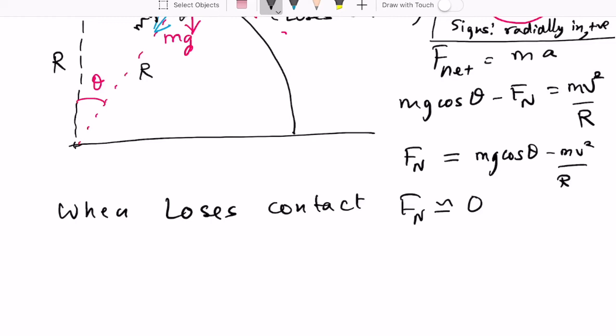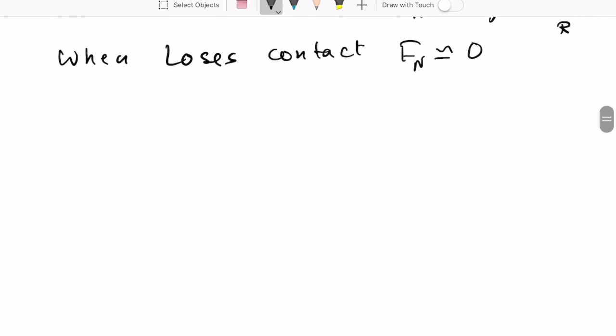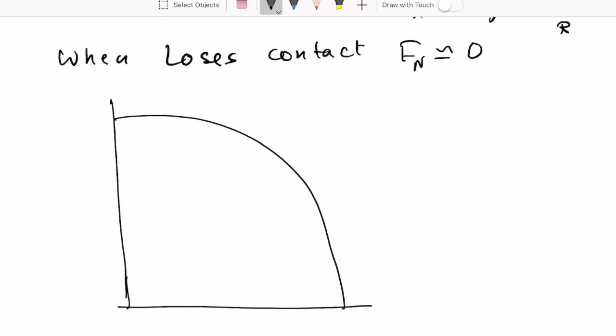There's some hope there. The problem is we don't know what the velocity is going to be when they lose contact. So let's redraw this diagram here again. Let's say that they lose contact at this particular angle, at this theta.